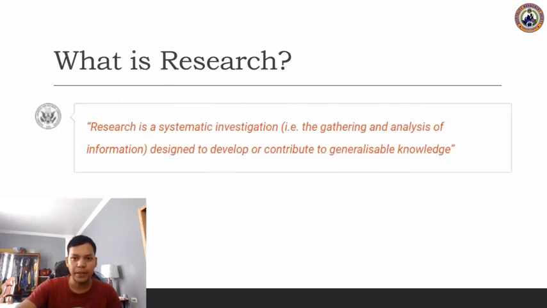So to simply put, research is the process of discovering new knowledge. From the word search, we need to discover. The word re means that we need to do it again, so rediscover. For example, we need to rediscover a new knowledge. This knowledge can be either the development of new concepts or the advancement of the existing knowledge and theories.